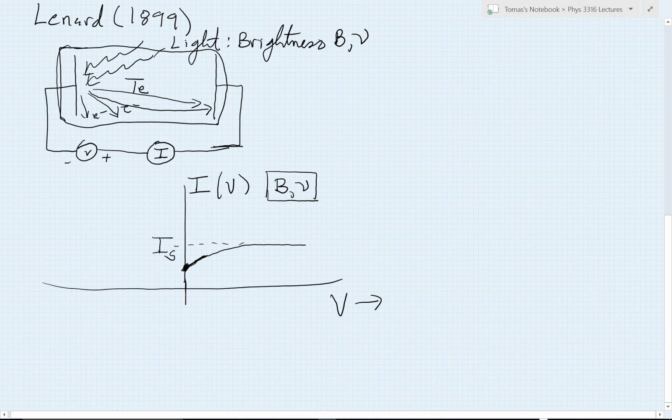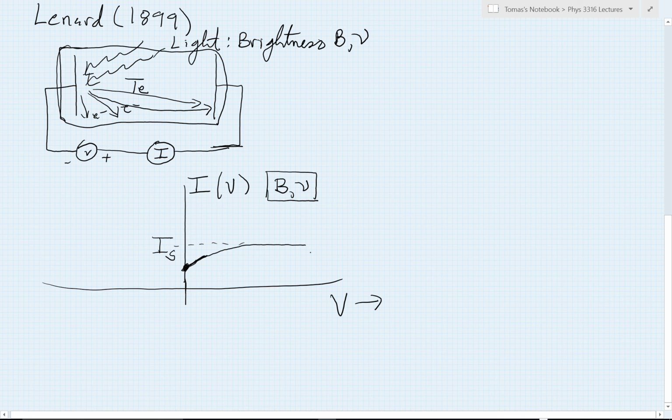And the saturation occurs because at a certain point, I've made this positive enough that any electron that manages to make it out of the cathode is going to be sucked up by this very strongly positive anode, and I'm going to be measuring all of the electrons that come out.